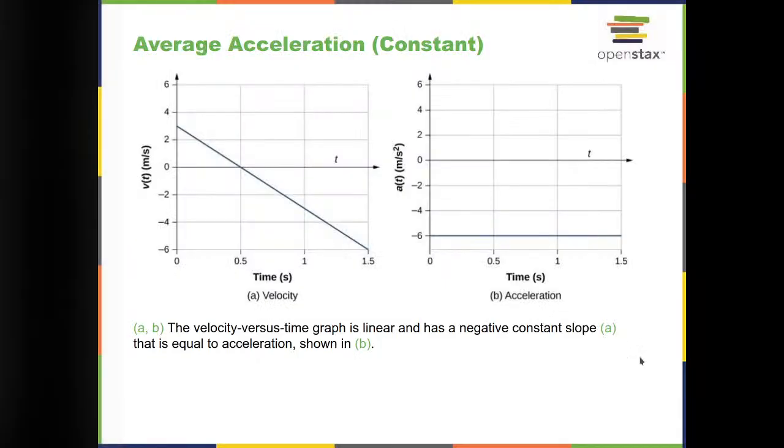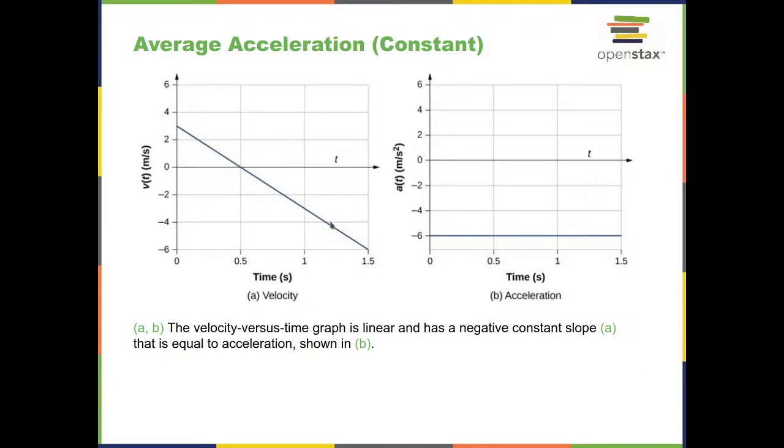So the derivative of this curve will be our acceleration. In this case, this is instantaneous acceleration, which happens to be constant, which is why for our average acceleration over any interval, we would find the same as the instantaneous acceleration anywhere along that interval.